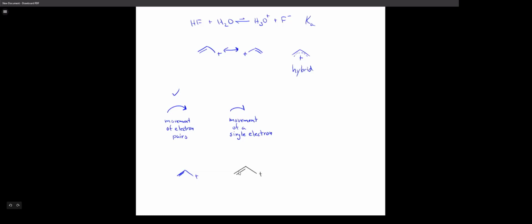And we have pi electrons here. I can draw an arrow as so. And the arrow is pointing between the two atoms over here, right? What that is telling me is that I should take the electrons, those two electrons, and move them from being between these two carbons to being between these two carbons.